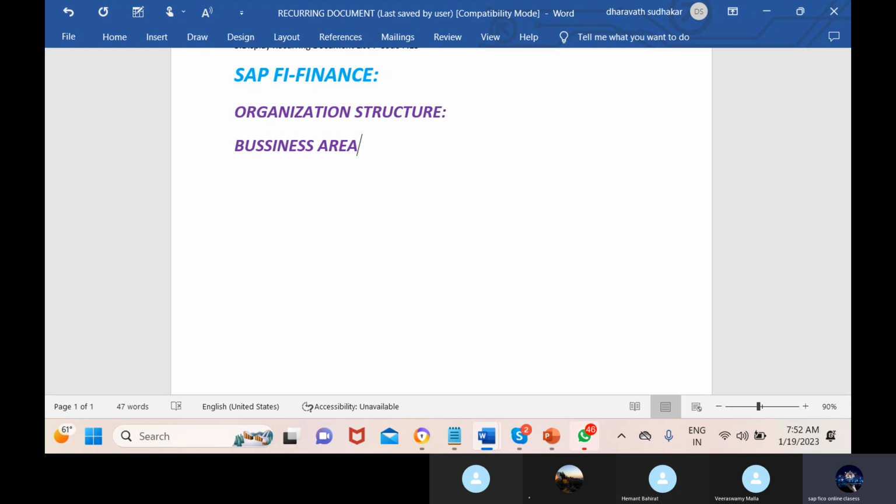Now we'll take an example about this business area. I told you business area can be defined according to functional activity or location. We can define business area as per what the organization was producing, or on the basis of where it was geographically located.